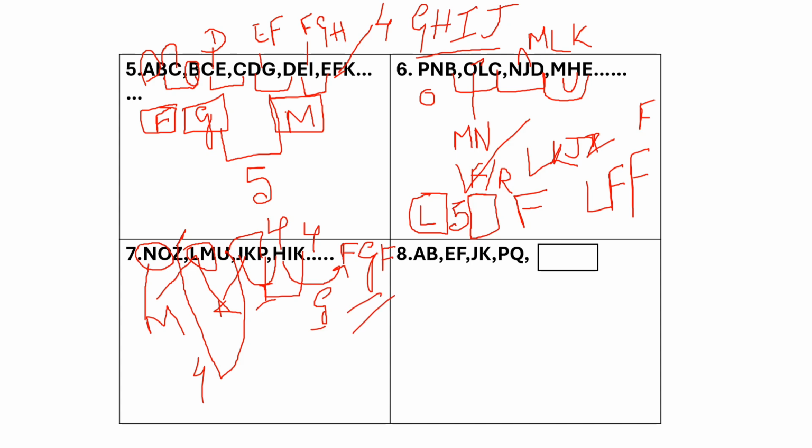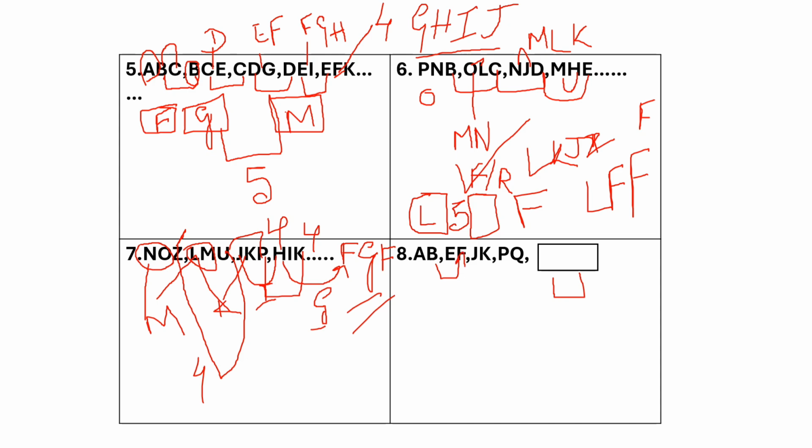Okay, next question is A, B, E, F, J, K, P, Q. A, B is there, continue, E, F continue, J, K continue, P, Q also continue. Now the next term also continues. Then what is the connection between first term to second term? That we have to find.